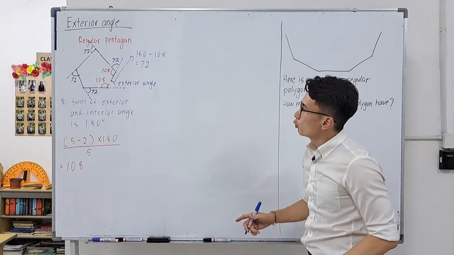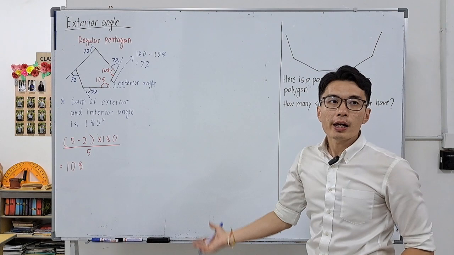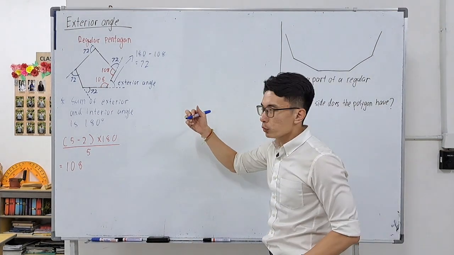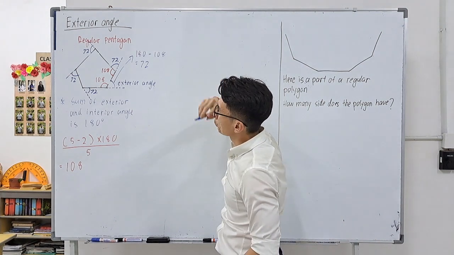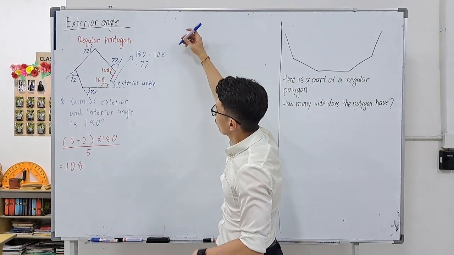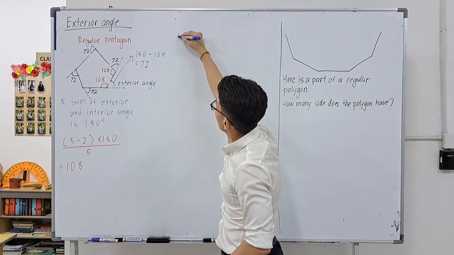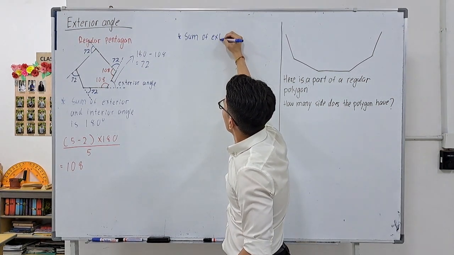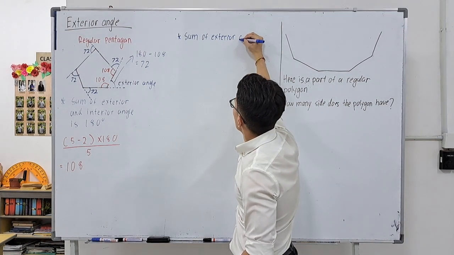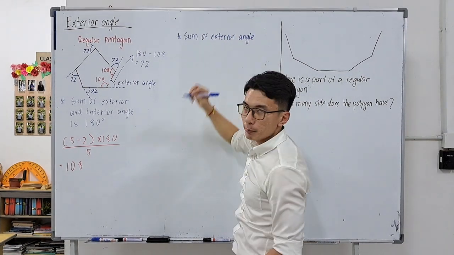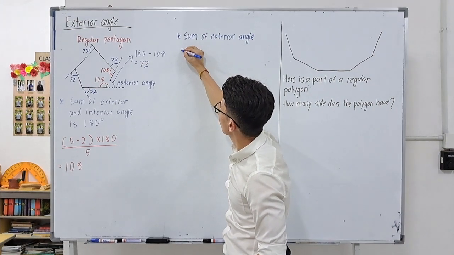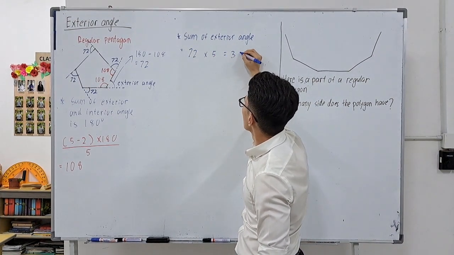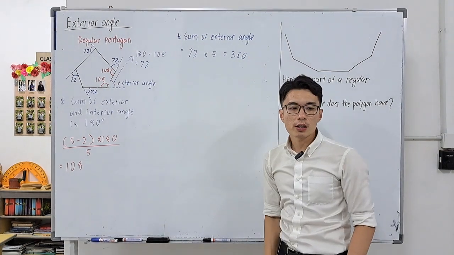Now what I want you to do right now is try to add up all the exterior angle and see what you will get. If you add up all the exterior angle, you will notice that you will get 360. Okay?